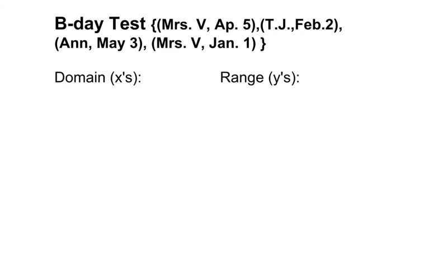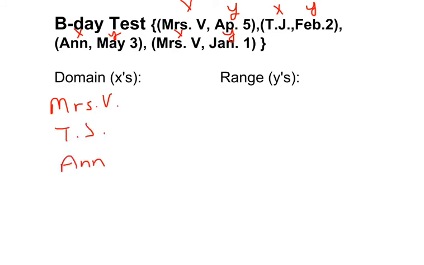You have Mrs. Valentine April 5th, TJ February 2nd, Ann May 3rd, and Mrs. Valentine January 1st. So again, let's label these with X and Y. Our domain is Mrs. Valentine, TJ, Ann, and then my name is listed again here, but do not list it on the domain list because I'm already there.